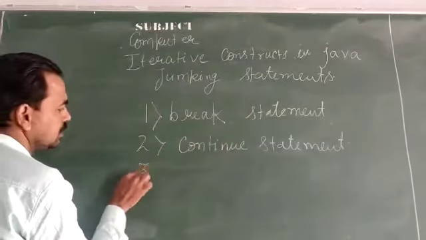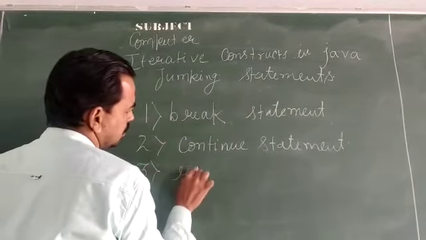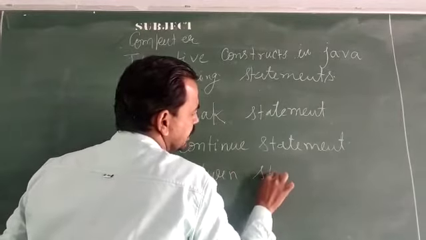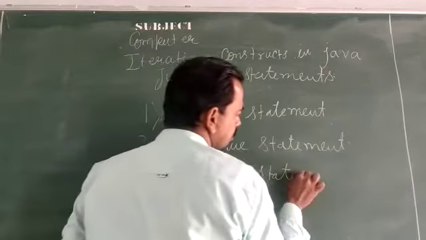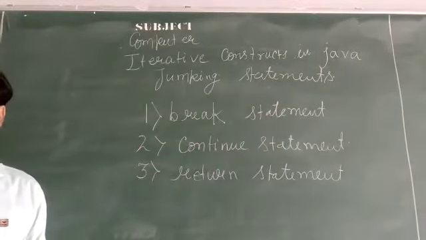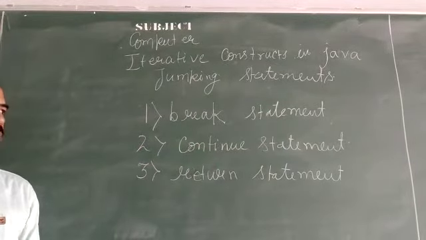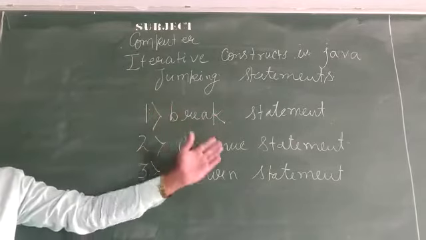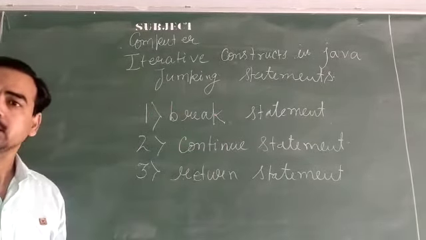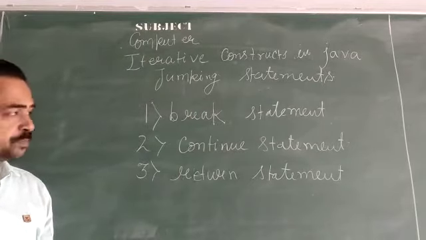And number three is return statement. Got it? Number one is break statement, number two is continue statement, and number three is return statement.